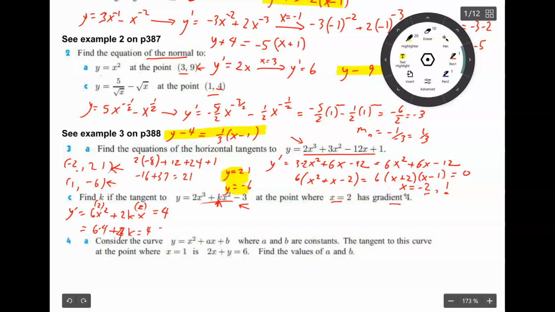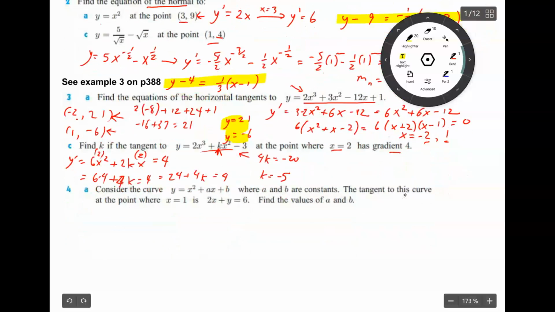So that's 24 plus 4k equals 4. So 4k is equal to -20, so k is equal to -5. Okay, so we figured it out. That's it for that one.